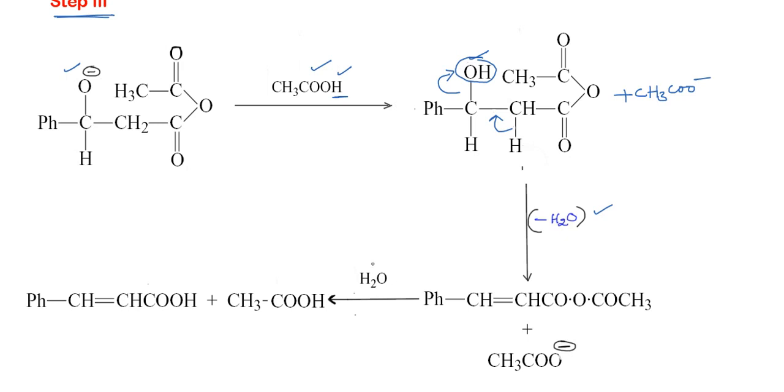Then it is hydrolyzed, and when we hydrolyze, this part of the anhydride will break up and it will convert into cinnamic acid. This is converted into an alpha beta unsaturated acid, and that is known as cinnamic acid. So we get this product, and that is known as an alpha beta unsaturated acid.